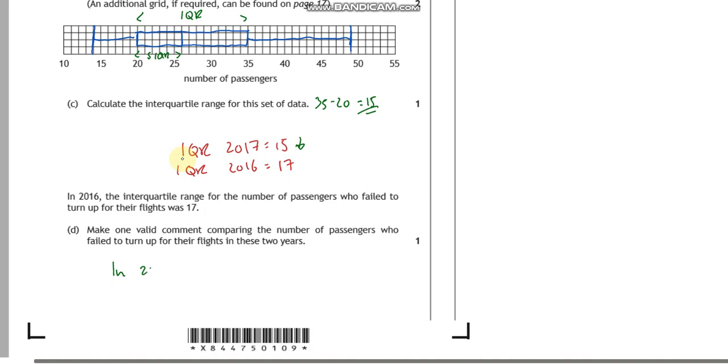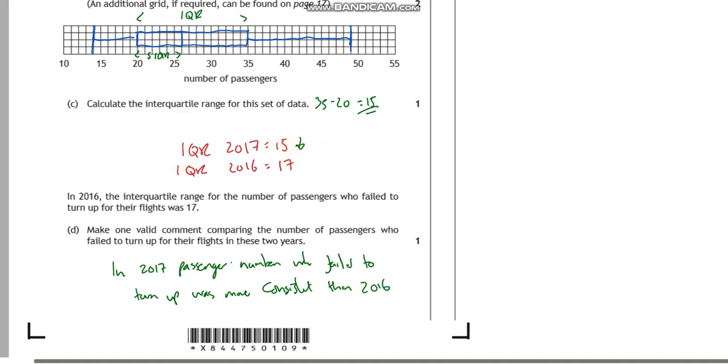In 2017, the passenger numbers who failed to turn up was more consistent than 2016. More consistent, smaller interquartile range, more consistent. Okay, hope that was helpful.